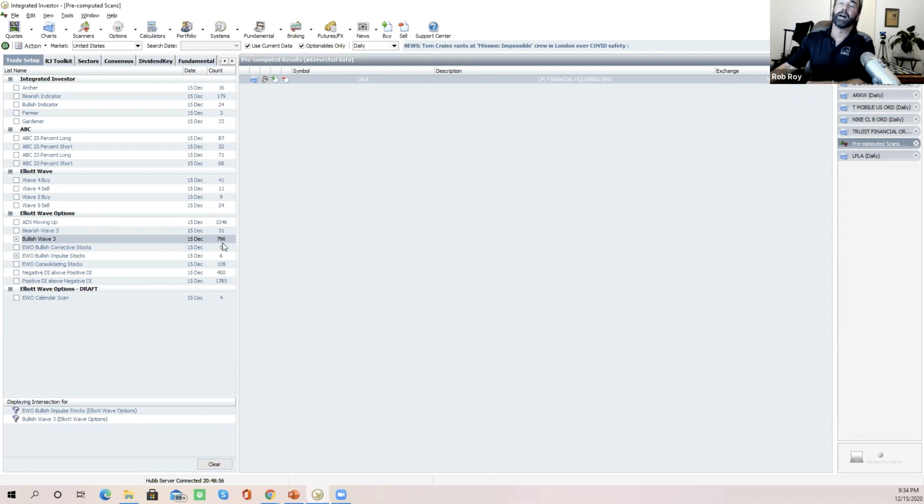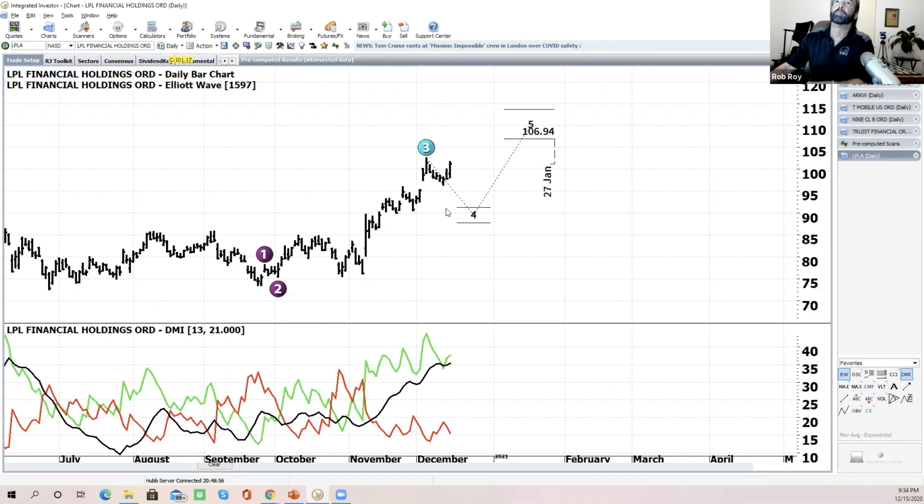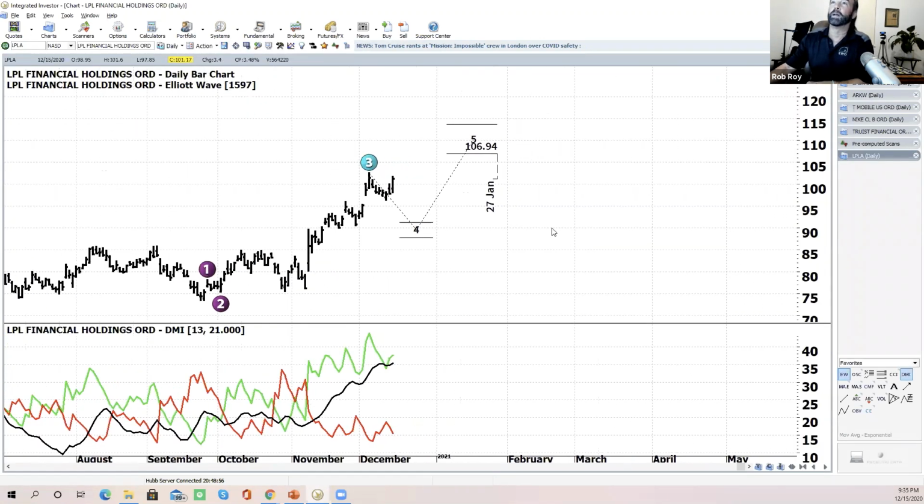It sounds like a lot, but there are thousands of optionable stocks, so it's not as many as you think. But instead of looking at 796 charts of stocks in a wave 3, how about if we look at the system that I've created of indicators and cross the two and see if there are any that are unique to both? And that's where this LPL Financial came from.